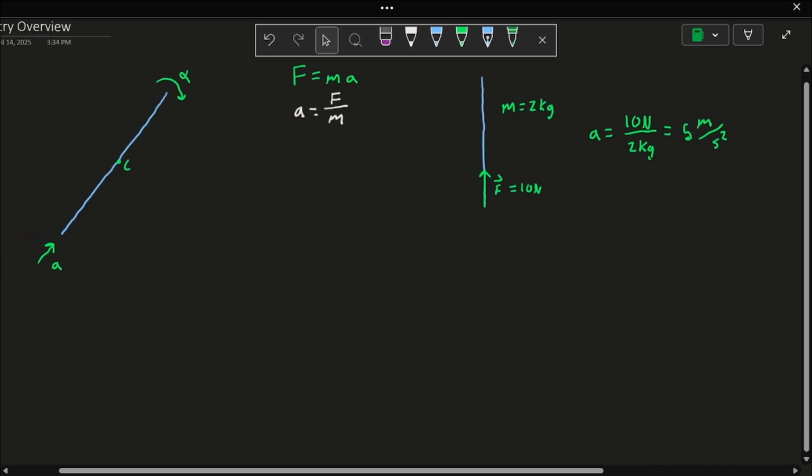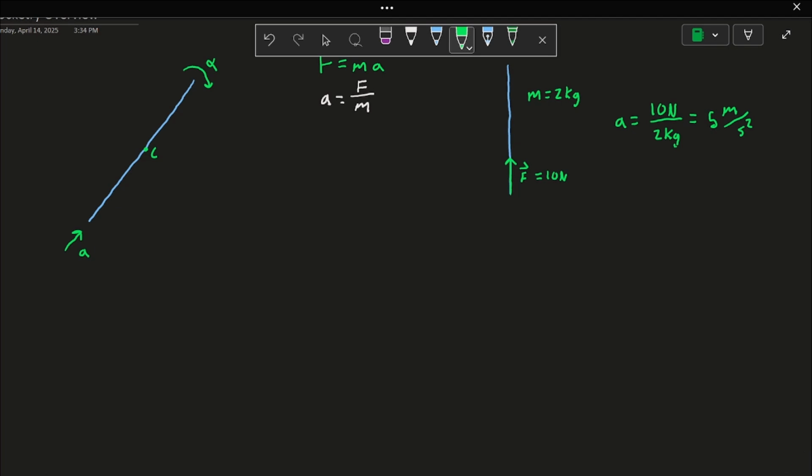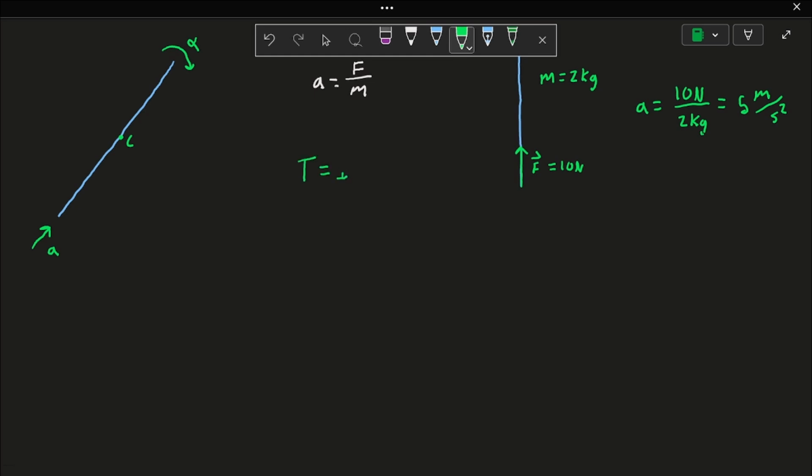Now let's look at rotational motion. There's a couple of things we look at with rotational motion. One of those is torque. There's actually two ways of defining torque. The first one is T for torque equals our moment of inertia, which is kind of like a measurement of how resistant an object is to rotation, multiplied by our angular acceleration, alpha.